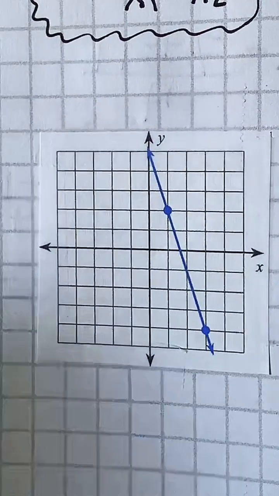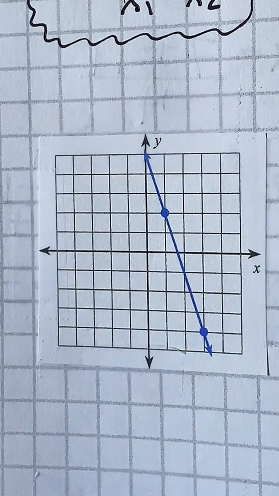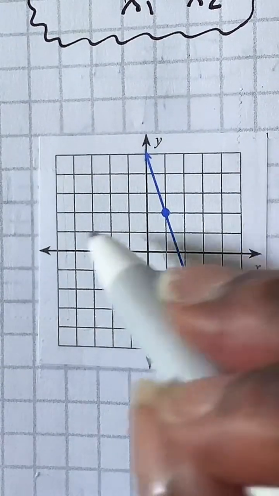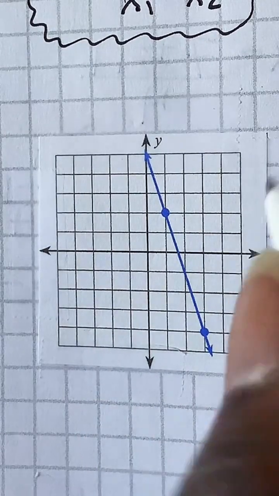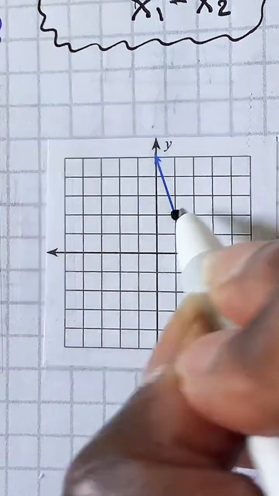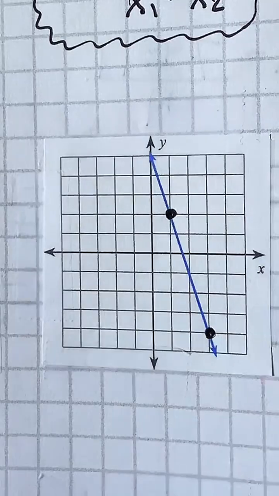Now we're going to find our slope for the next one. They're giving us 2 points. Notice how the points are set up. If you have a box grid like this, where the lines intersect on one corner of the boxes, that's how you know that's a point on the line.